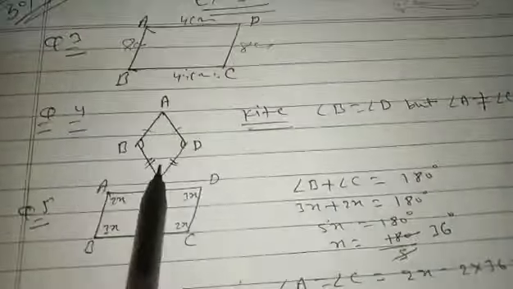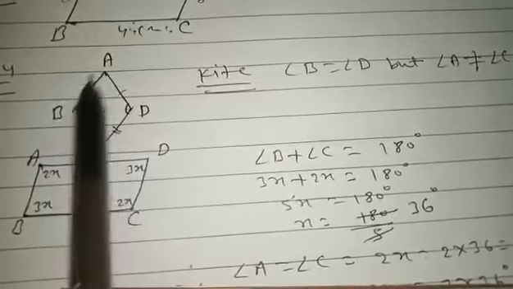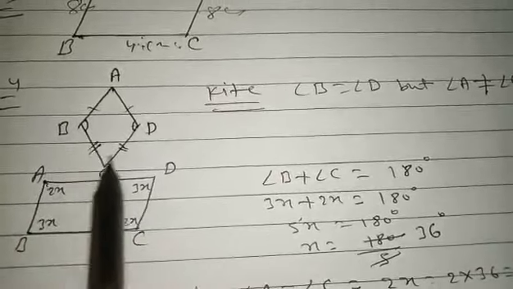ABCD. It is a quadrilateral. You know that quadrilateral has 4 sides. It is a polygon also. And the name of this quadrilateral is kite. And in kite only one pair of opposite angles are equal. That is angle B and D are equal, but angle A and C will not equal.